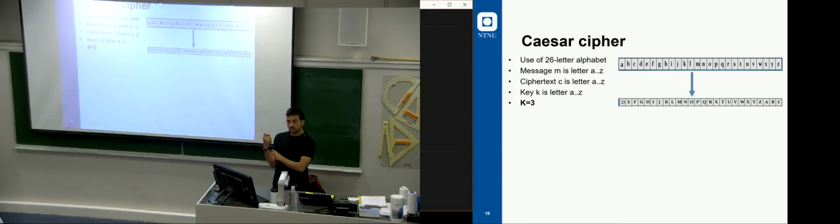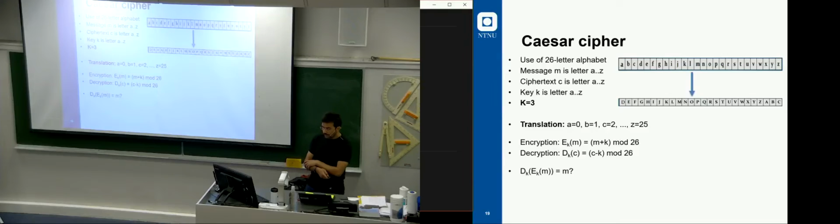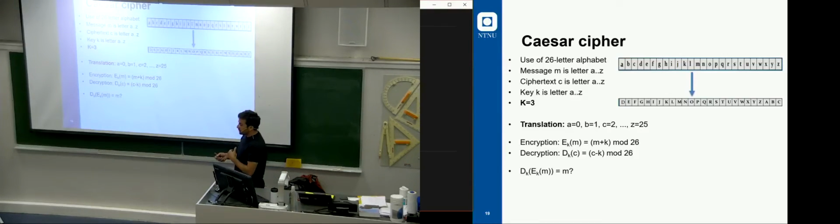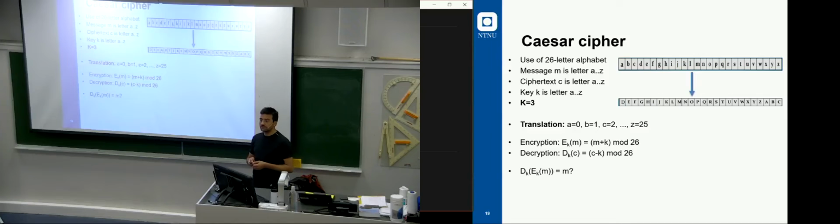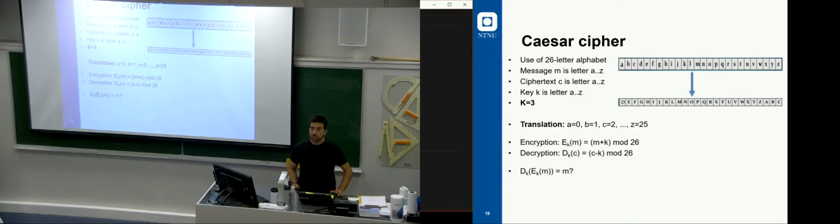He used characters, then he used a shift. How much shift did he use? K equal to 3. Then, since computers cannot process these characters, we converted every character into its numeric form. That means A is 0, B is 1, C is 2, to represent it in a form computers understand.